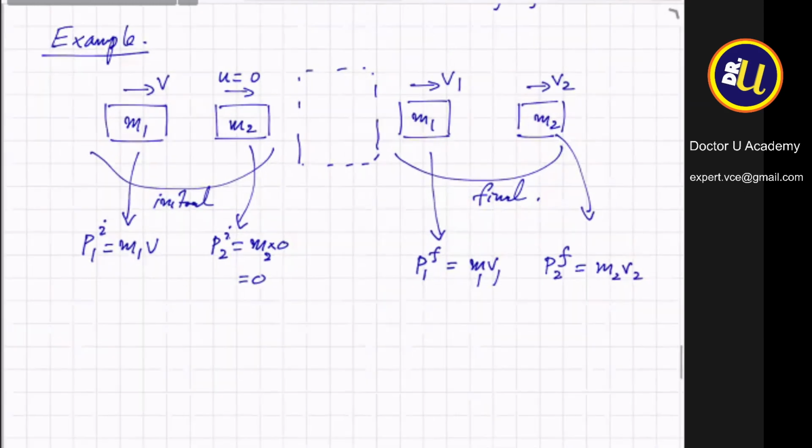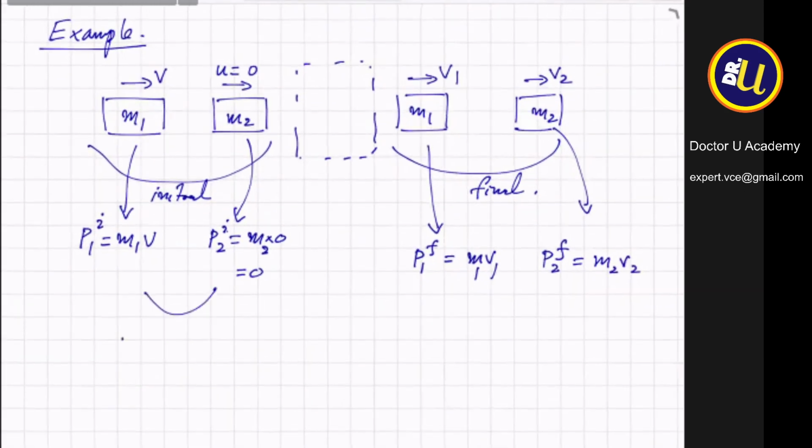Okay, so the total initial momentum P, that would be m1 v. P total final momentum, that would be m1 v1 plus m2 v2, right?